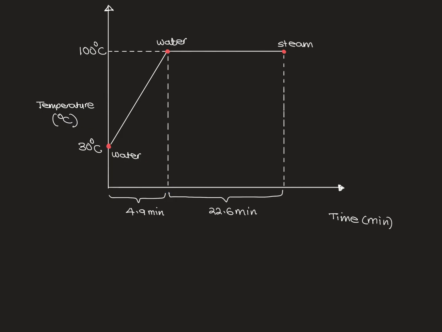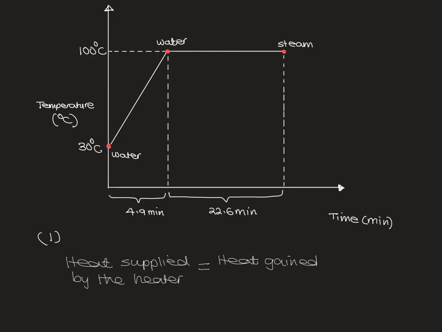So we can use that to determine the initial mass of the water, still using the principle that the heat supplied by the heater will be equal to the heat gained by the calorimeter and the heat gained by the water.